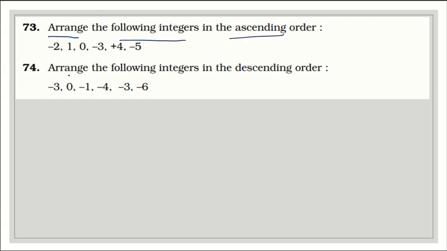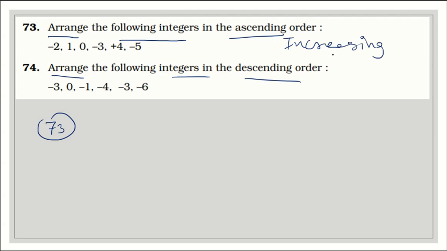In question number 74, arrange the following integers in descending order. So children, very important, ascending order is nothing but increasing order. Increasing order means we have to write from small to big.